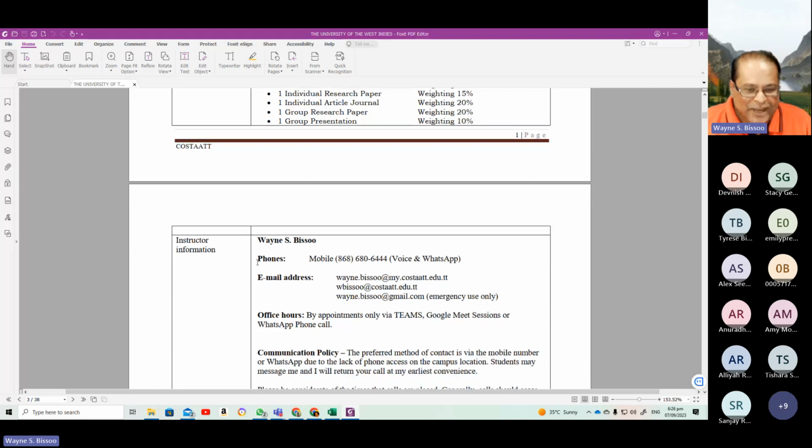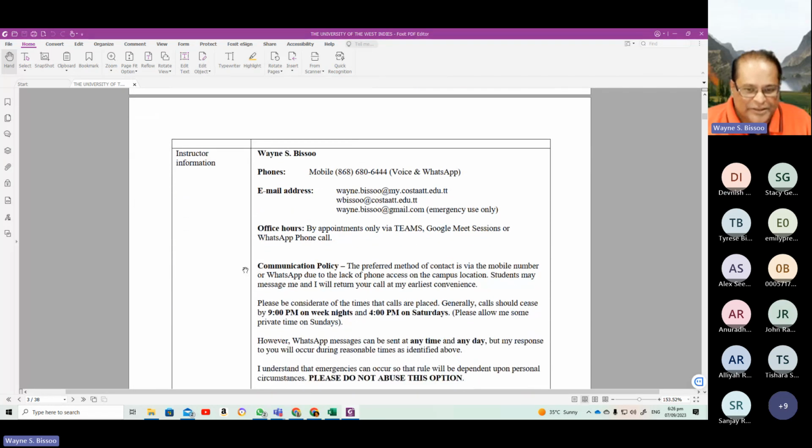Okay, so I also have my communication information here, my mobile number, which you already have, and my email addresses. You'd see the last one is listed as emergency only. But primarily, all of your assignments and everything is going to be submitted on the e-classroom, so you don't necessarily need my emails and stuff like that.